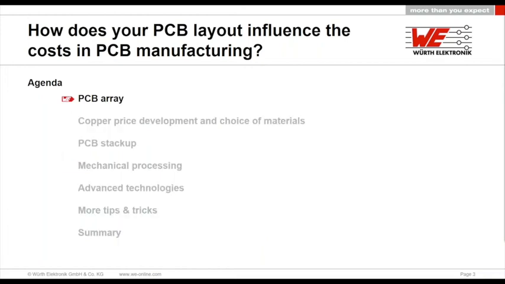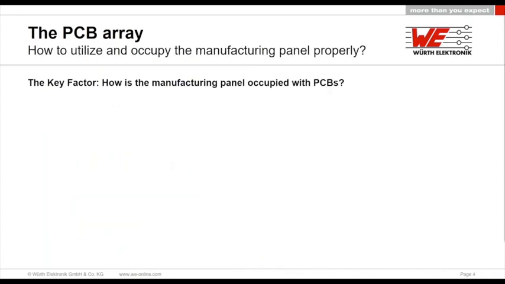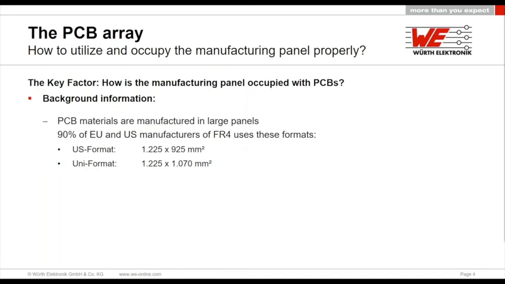Okay, so let's start with PCB arrays. But before we talk about the arrays itself, I want to give you a few pieces of background information. The question always is, how many PCBs can be placed on a manufacturing panel? To know what a manufacturing panel is, you have to look at the size of the manufacturing panels used in PCB manufacturing shops.